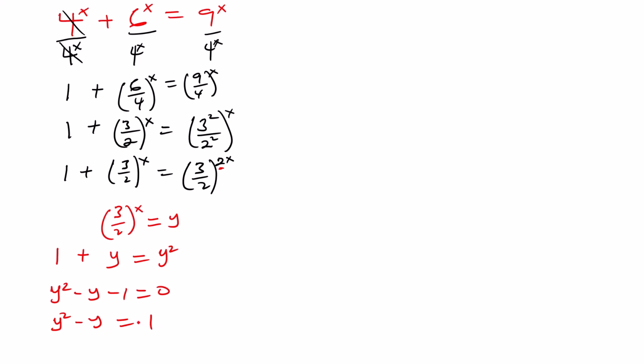So let's complete the square. I'll multiply the coefficient of y, that is minus 1, by half, and I'll square the result. Okay, so I'll add the result to both sides of the equation. So minus 1 on 2 squared.